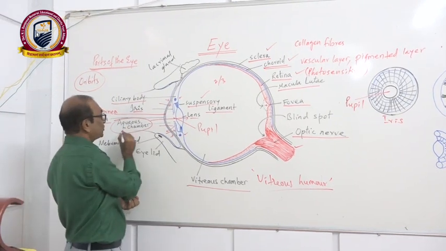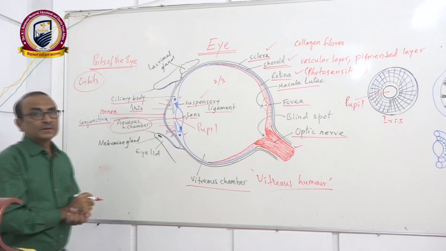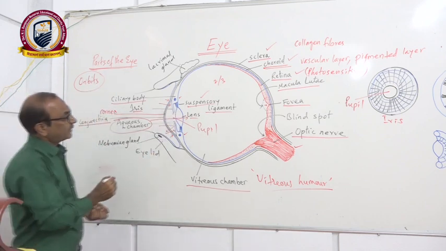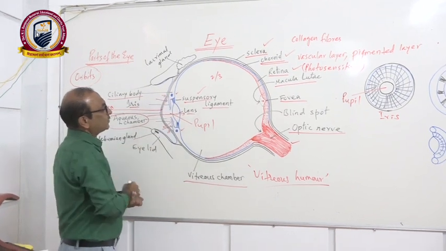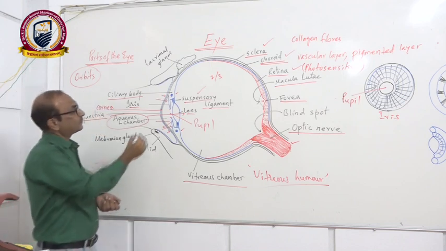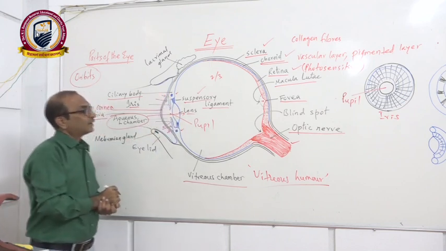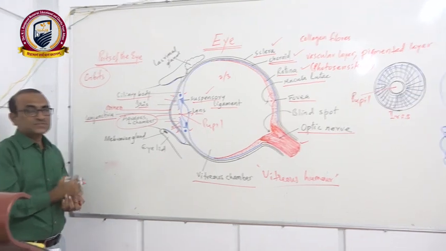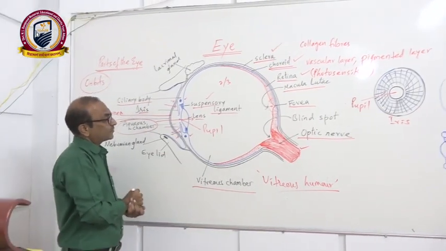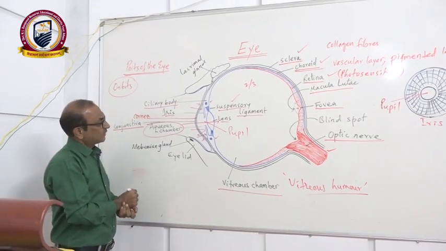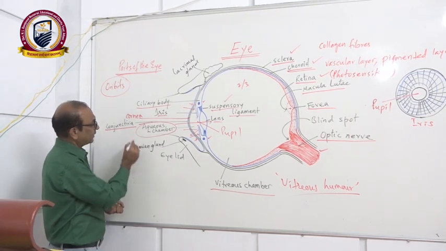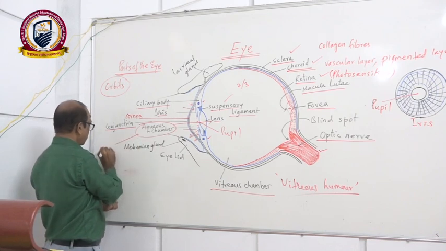And in the aqueous chamber there will be watery liquid which helps in providing the nutrition and oxygen to this part of the eye. And this liquid always keeps changing. It is drained and again refilled continuously. So that is the aqueous chamber containing the aqueous humor.